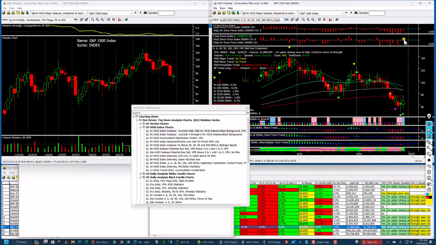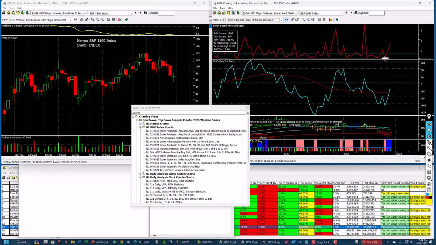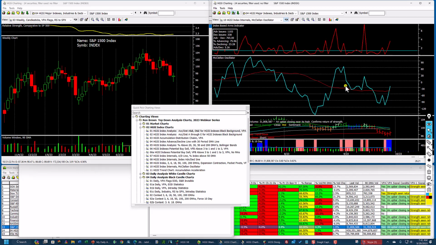Here's Force Index 2 turned positive. The 13 is not positive yet. McClellan Oscillator, advancers versus decliners moving up based upon the moving averages that are used to calculate this indicator.